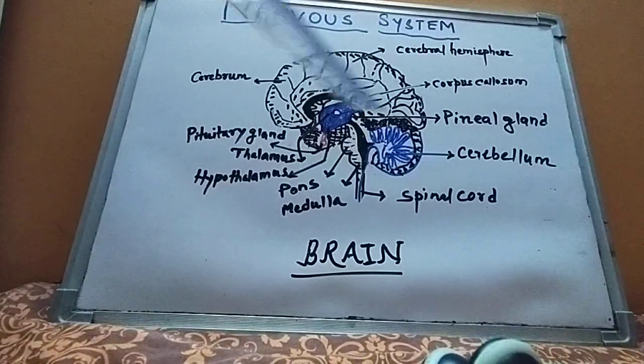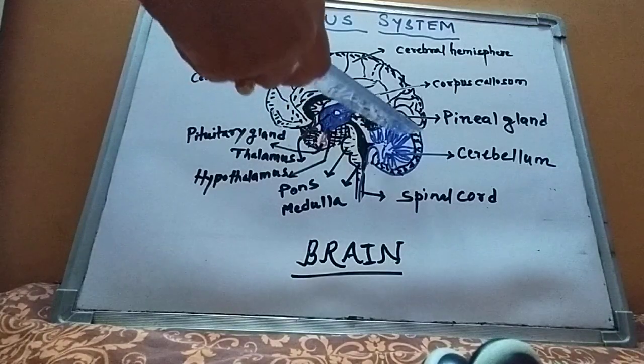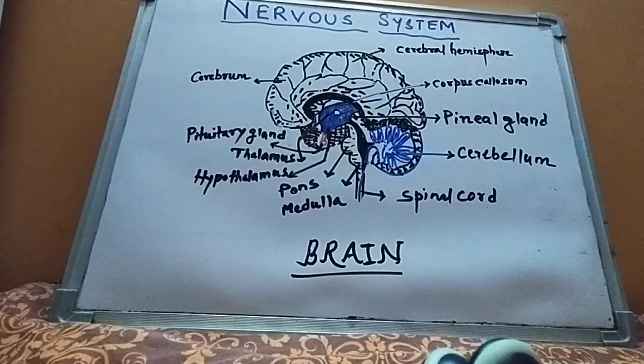So cerebellum also is divided into two parts, and it is called cerebellar hemisphere. Cerebellum is also known as the little brain, and it is a much smaller area of the brain located just at the base and under the larger cerebrum. It has no convolutions but has numerous furrows.